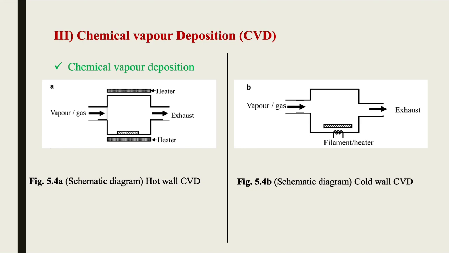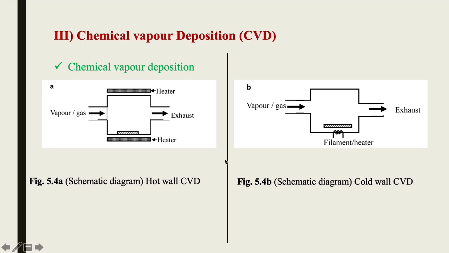Usually 300 to 1200 degrees Celsius temperature is used at the substrate. I am talking about the substrate temperature, which is in the range of 300 to 1200 degrees Celsius. There are two ways: one is using a heater, another is using a filament.